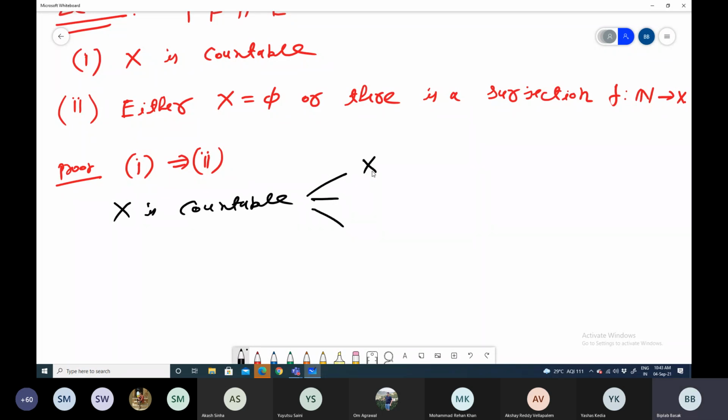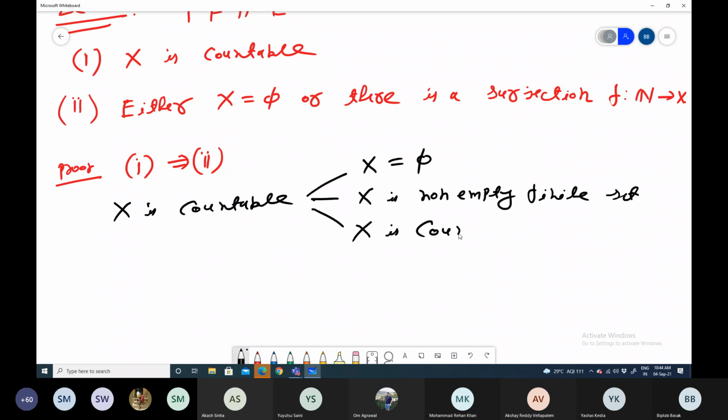So first one is X is empty. Second, X is a non-empty finite set. And third one is X is countably infinite. Okay.